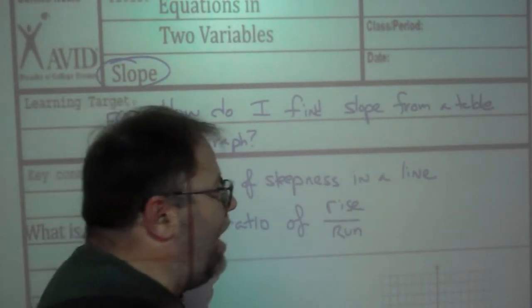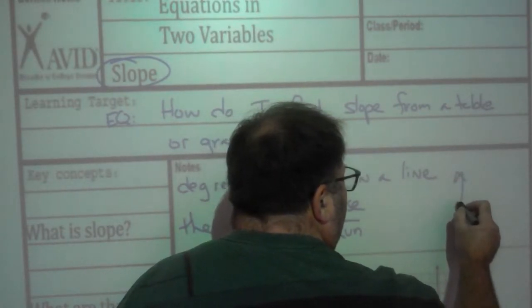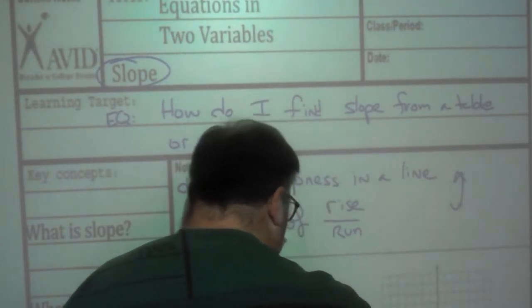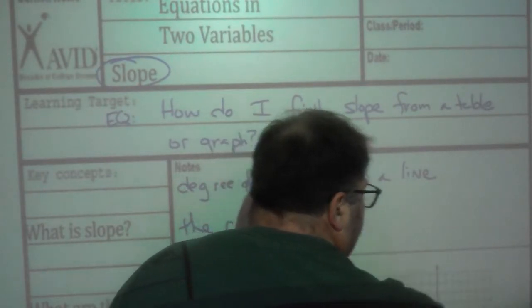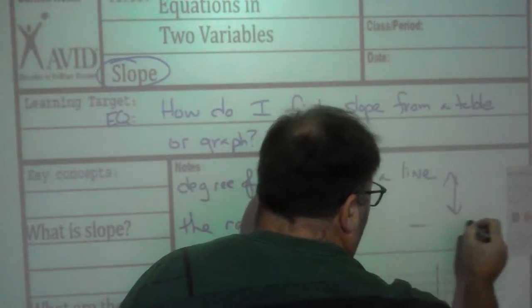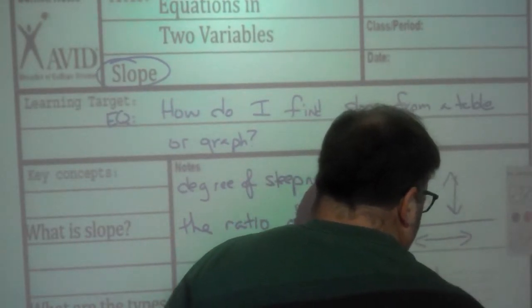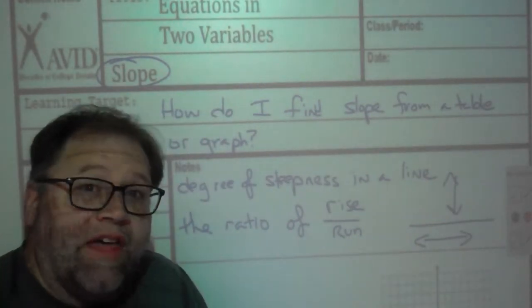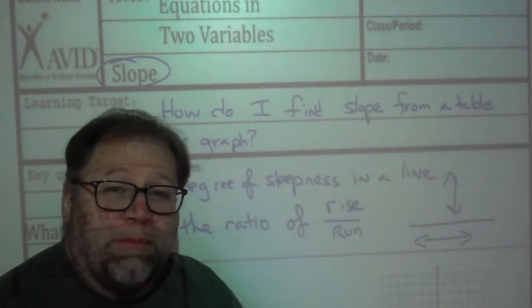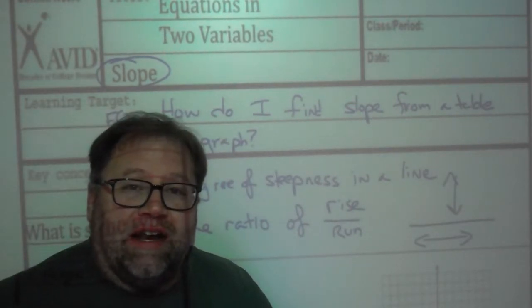That is how much that line changes vertically, either up or down, over how much it changes horizontally. And that can be positive or negative, and we'll talk about that in just a second. The other thing about slope is that it's constant.